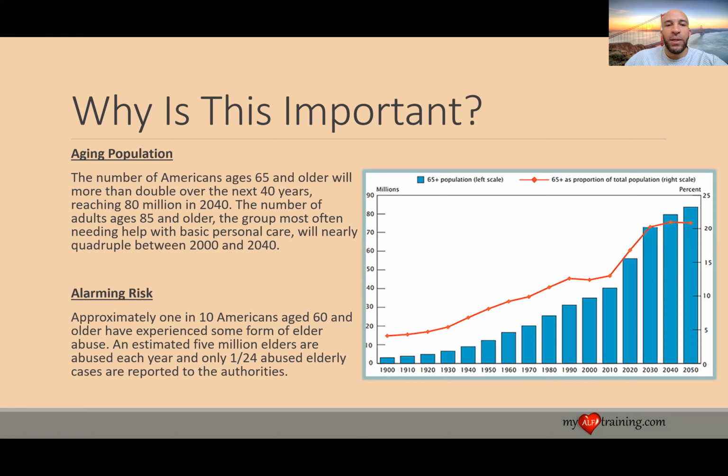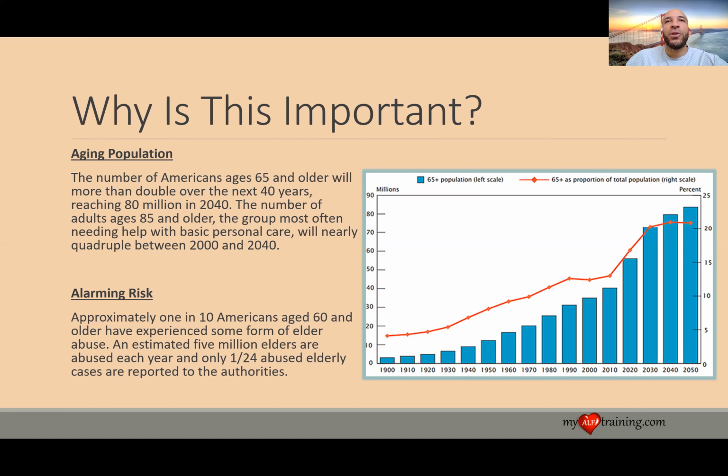By 2040, there's going to be over 80 million 65 plus individuals. And adults ages 85 and older, the group who's going to need a significant amount of help and who's at an increased risk for abuse, that number within the population is going to quadruple.